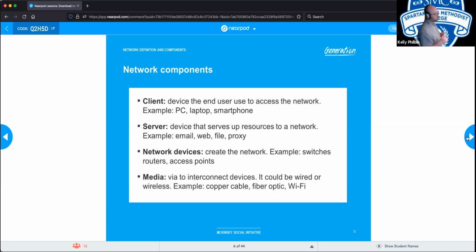And then the media in which you are connecting. It could be wired or wireless. How physically are these things connected? Are you using Wi-Fi, fiber optic, coax, twisted pair, POTS? What are we using to pass that information back and forth?